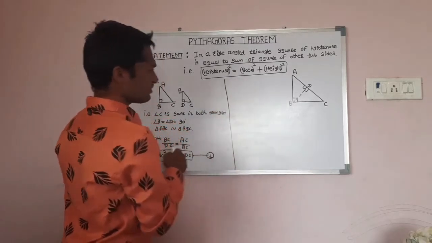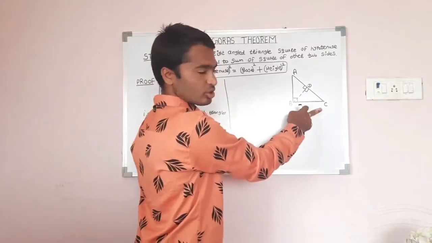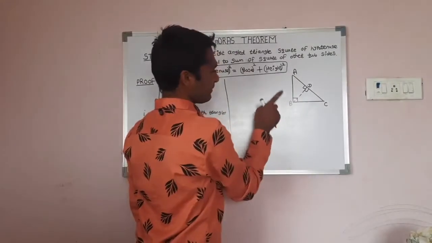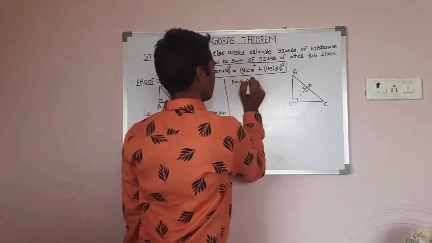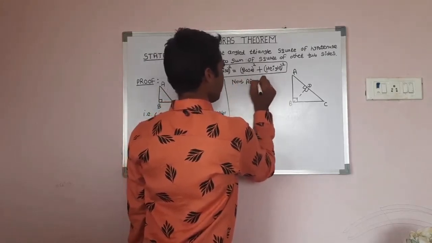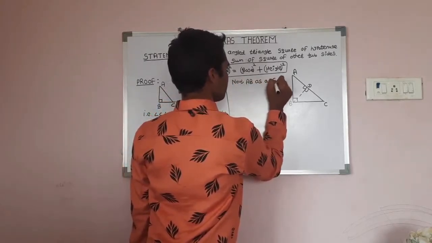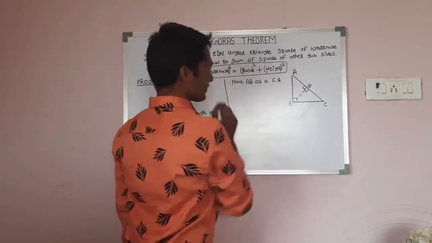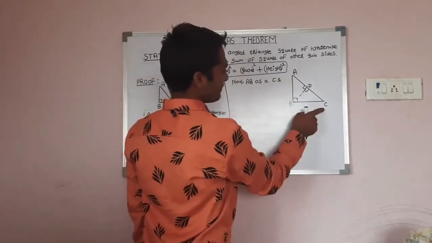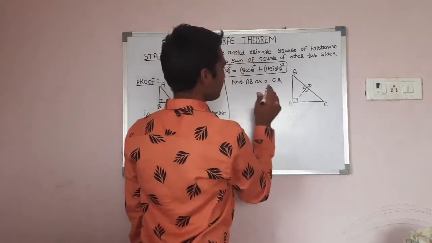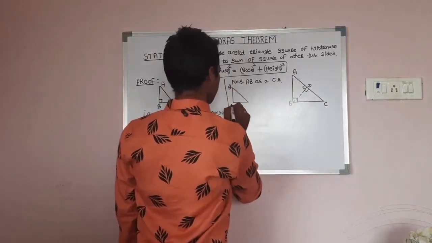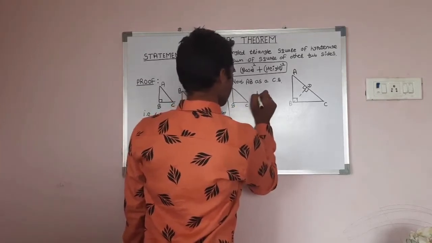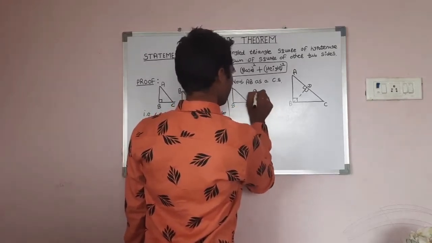Now, in this case, we have taken base BC as the common side. Now, we will take height AB as the common side. The two triangles we get are triangle ABC and triangle ADB, which is a small triangle.